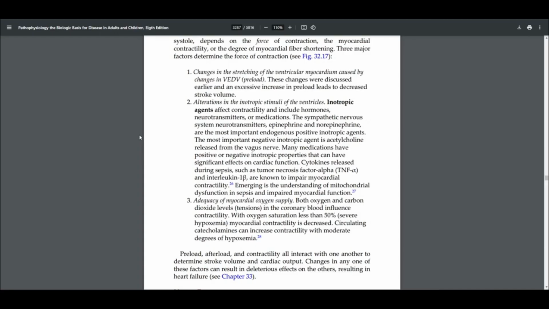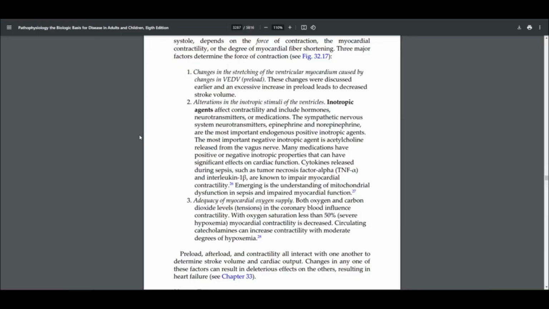It also means that the cytokines released during sepsis, tumor necrosis factor alpha and interleukin-1 beta, don't work properly. So interesting how that correlates with the heart.